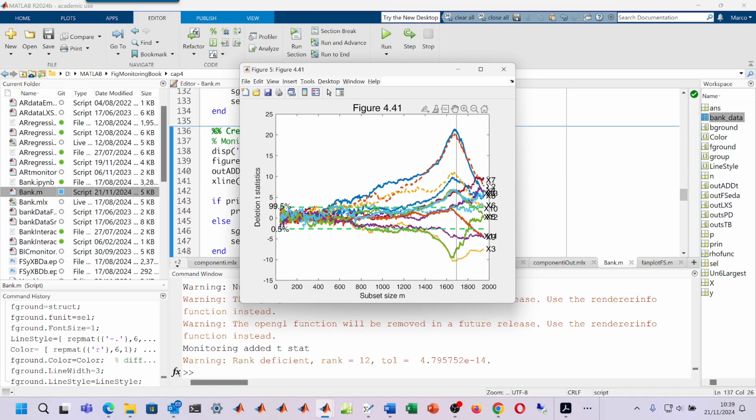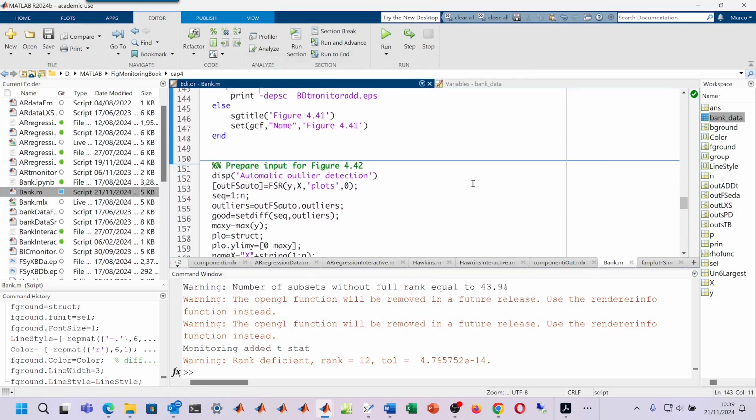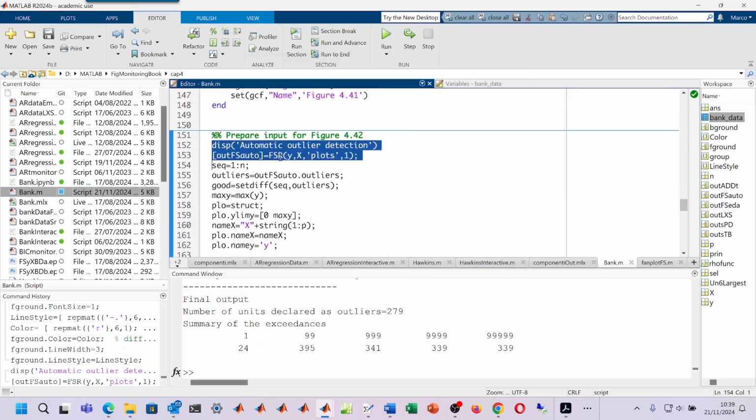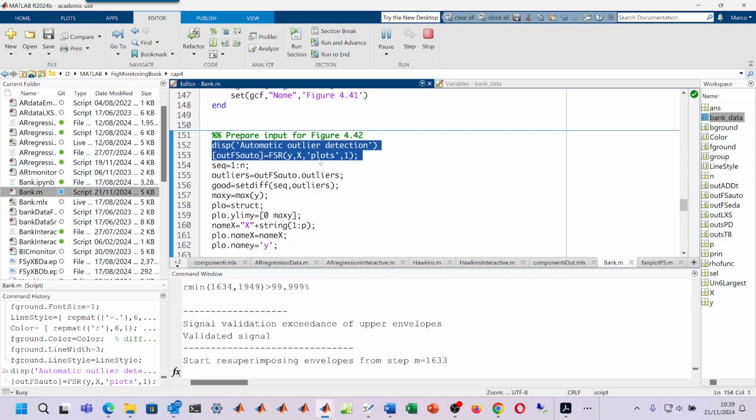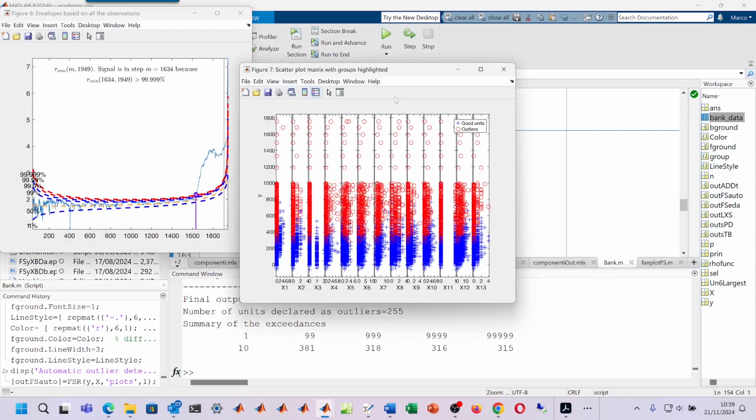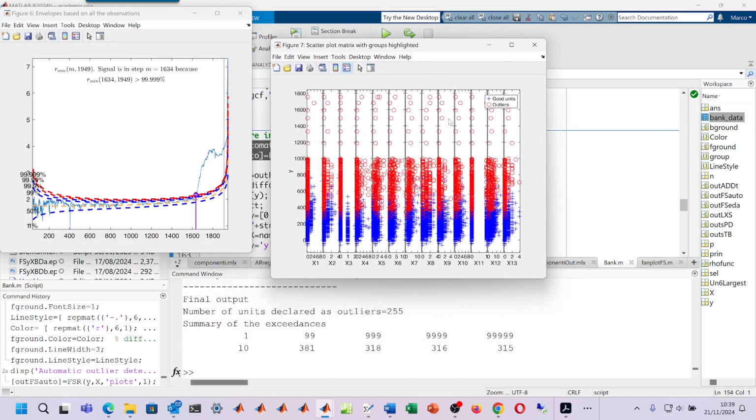This is once again an additional signal that the sample is not homogeneous, that there is more than one population. One can run our automatic procedure for outlier detection, and the number of outliers which are found is 255.